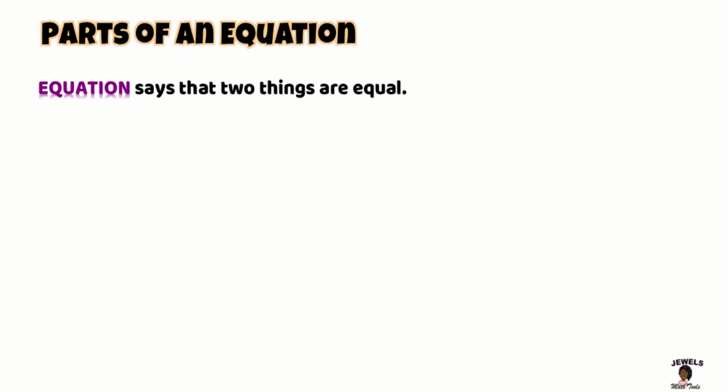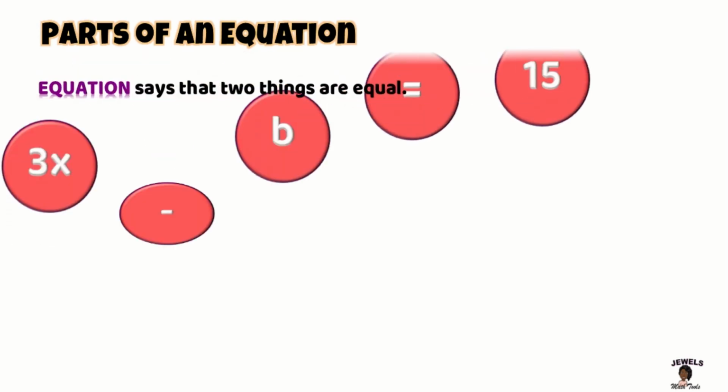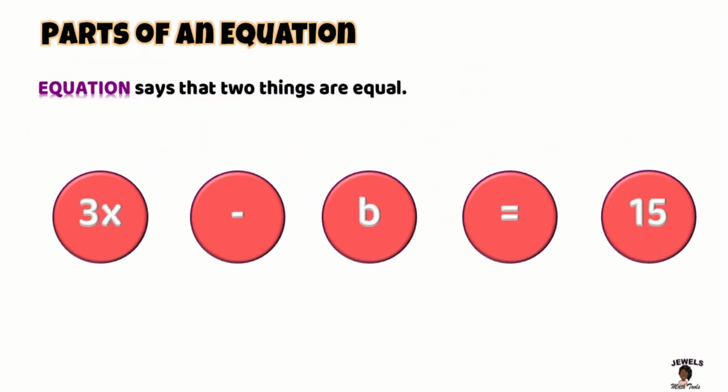So remember that your equation tells you that whatever you have on the left hand side of your equation is equal to the right hand side. And remember not to stress over how each side of the equation may look. Just remember that the two things based on our equal sign are equal.